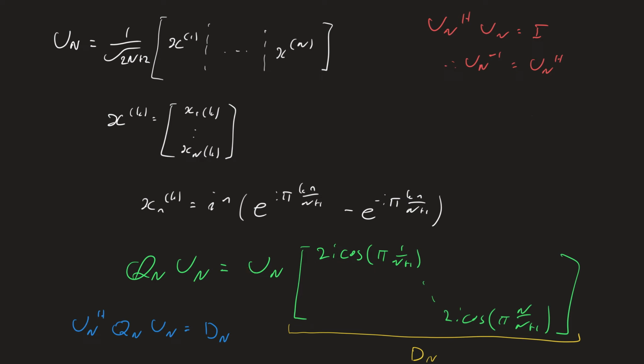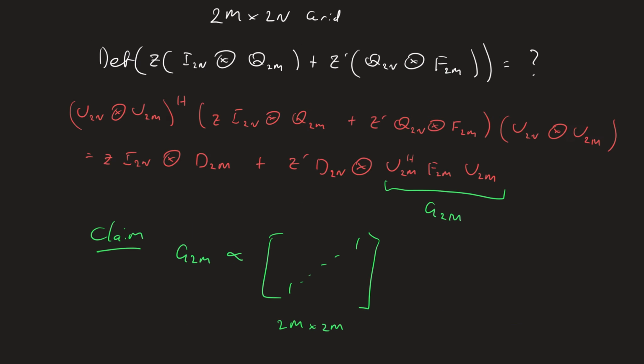And if we multiply this equation on the left-hand side by the Hermitian transpose of U, we get U Hermitian transpose times Q times U is equal to U Hermitian transpose times U, which is just the identity matrix because we arranged for it to be unitary. And so we're left with just this diagonal matrix D on the right-hand side. So we have found the similarity transform that diagonalises Q.